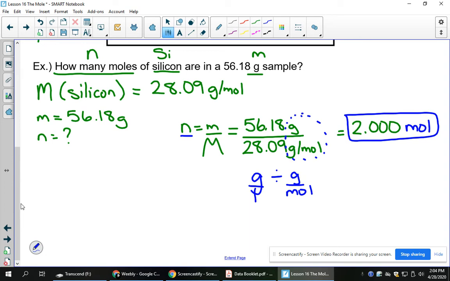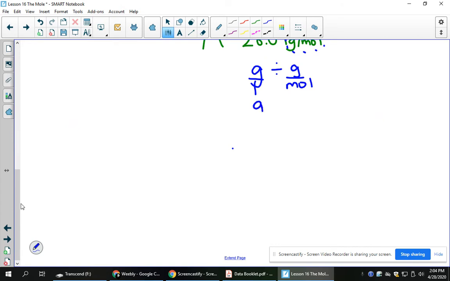Now, how did you divide fractions back in junior high? You left the first fraction alone, you changed it to multiplication, and you flipped the second fraction. Now, what do you know about fractions when they have the same thing on top and bottom, like the grams here?